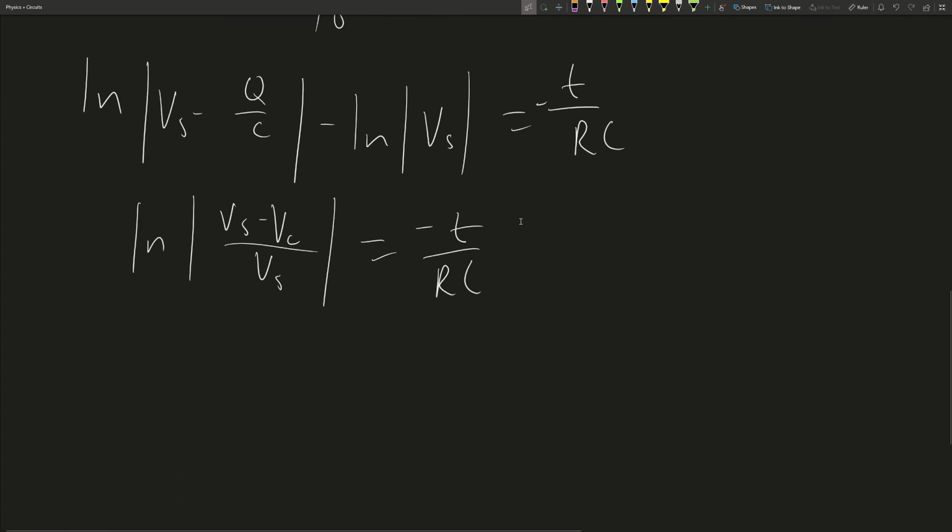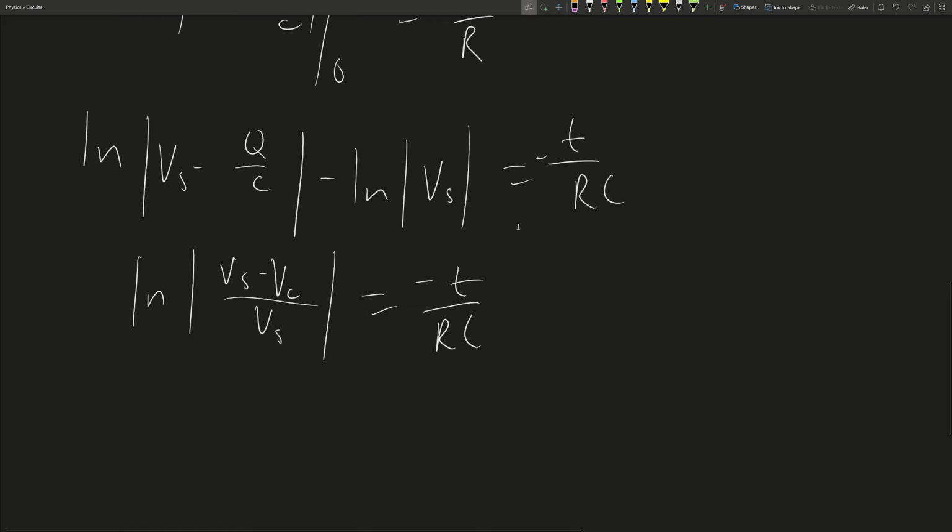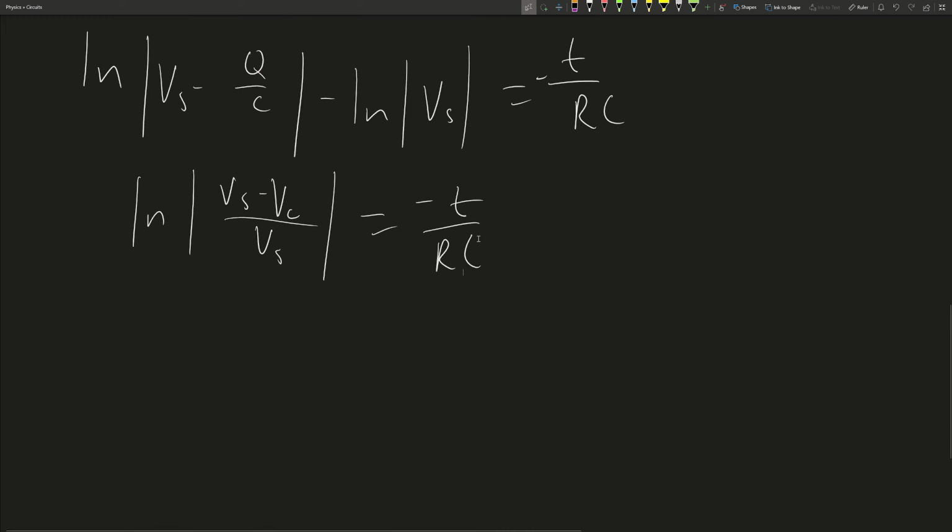Now we exponentiate both sides. So we raise E to the power of both sides here, and then that gives us Vs minus Vc over Vs is equal to E to the negative T over RC, because we're trying to get rid of this log.